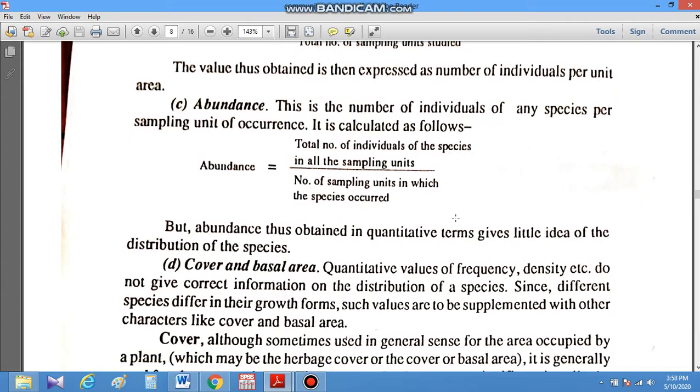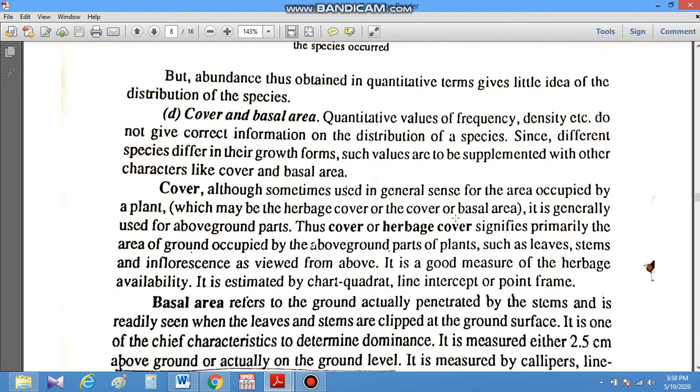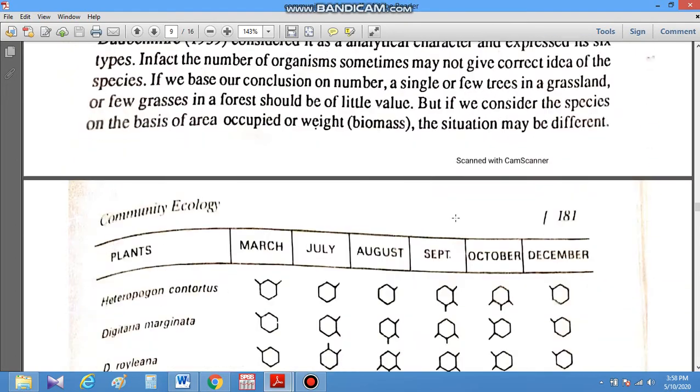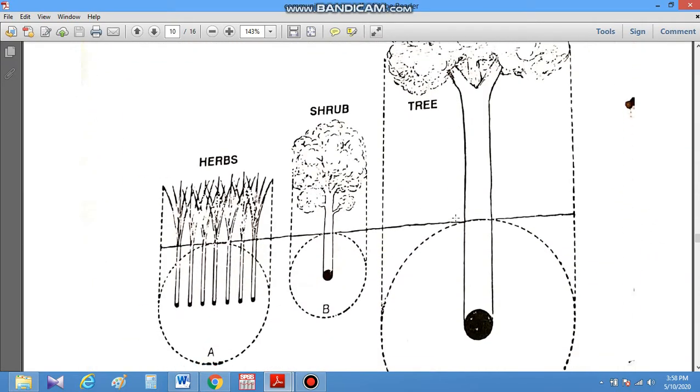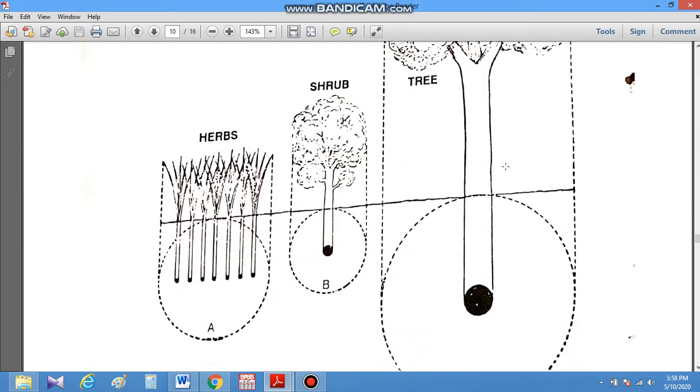And the next character is cover and basal area. What is cover and basal area? We can understand this through a diagram. When we study the community of a forest, there are herbs, shrubs and trees.